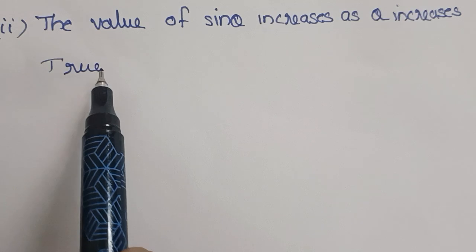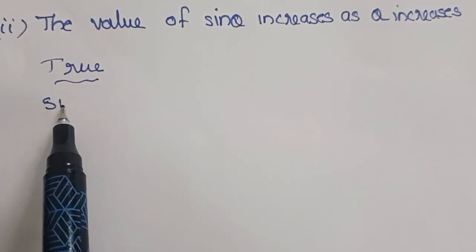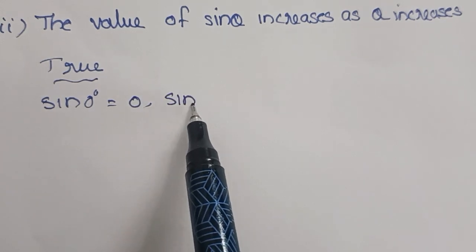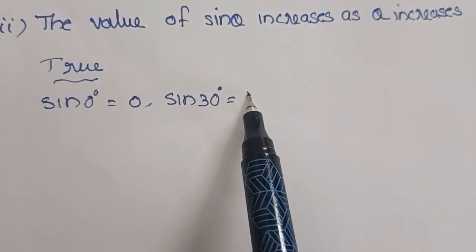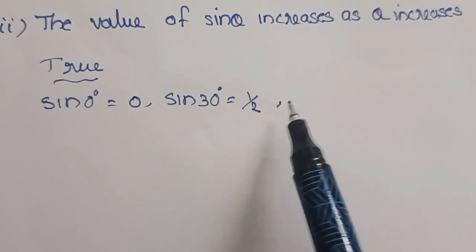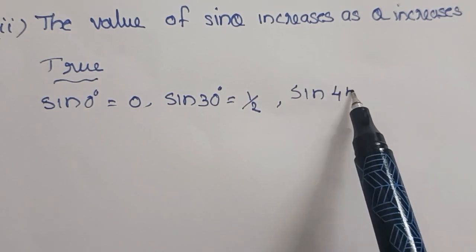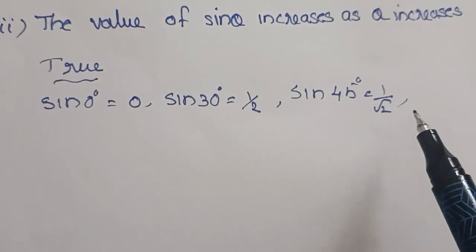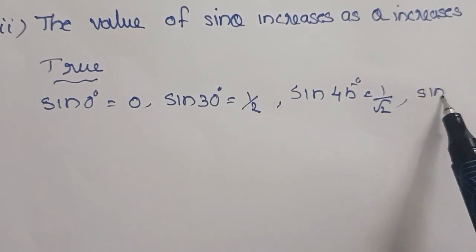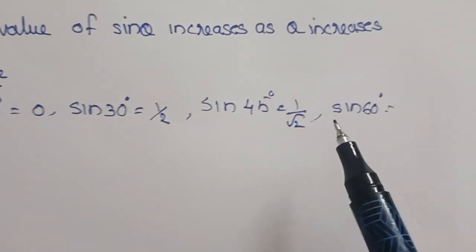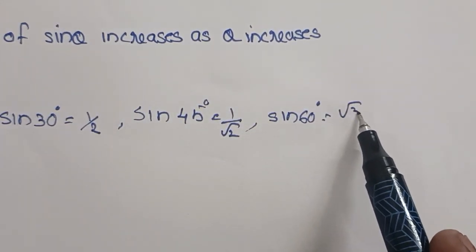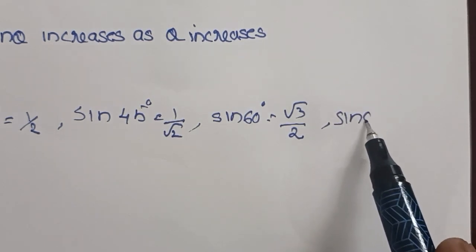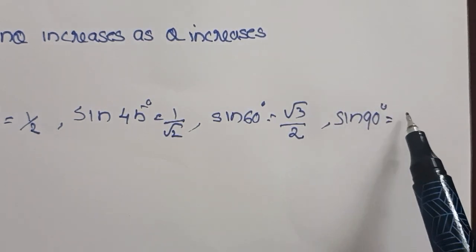It is true, because sin 0 degrees = 0, sin 30 degrees = 1 by 2, which is greater than 0, sin 45 degrees = 1 by root 2, again greater than 1 by 2, sin 60 degrees = root 3 by 2, greater than 1 by root 2, and sin 90 degrees = 1.